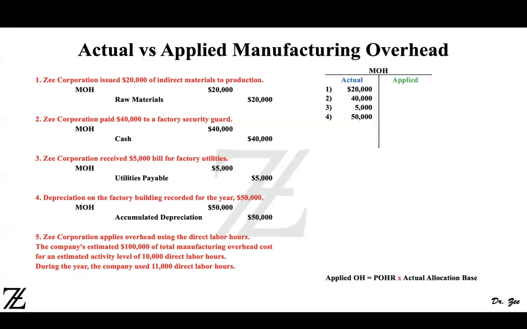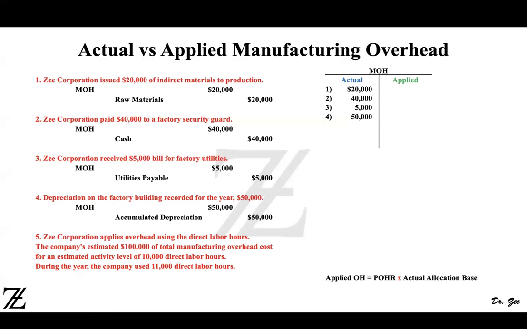In order to calculate applied overhead, here is the formula. The applied overhead, you calculate by multiplying POHR, the predetermined overhead rate, times the actual allocation base. The allocation base is a cost driver, whatever is driving the cost. For example, if you drive a car, what drives your cost?